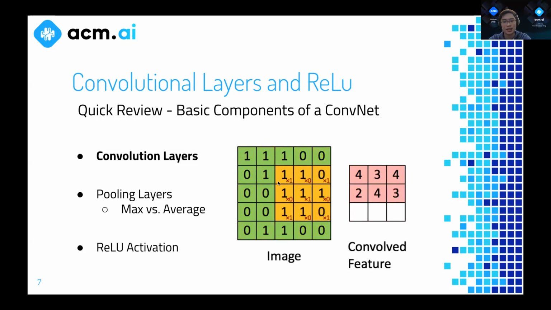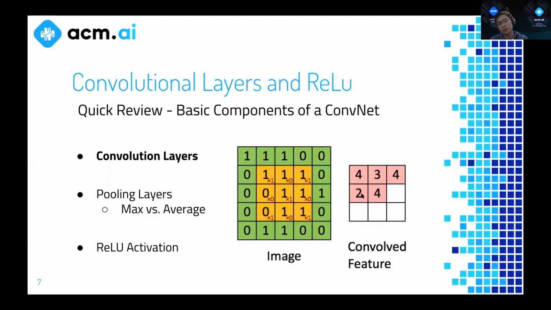And so what this filter represents is a feature that you want to detect from your image. So by moving this filter across your image and taking the element-wise product, what you're doing here is just trying to extract the feature that is represented by your filter.